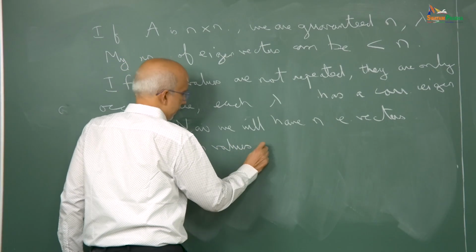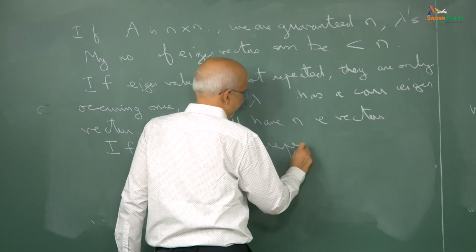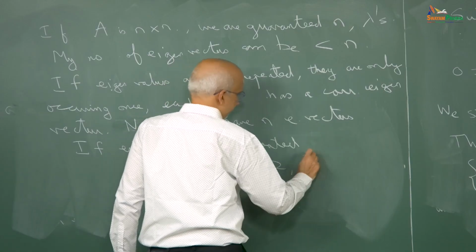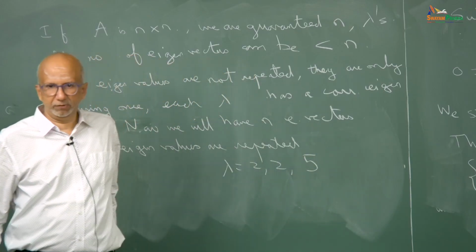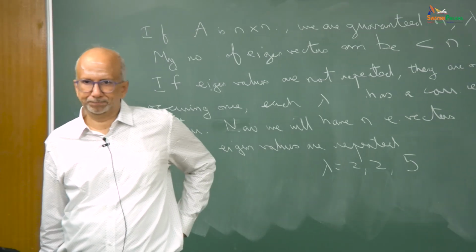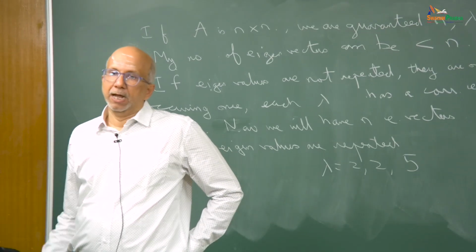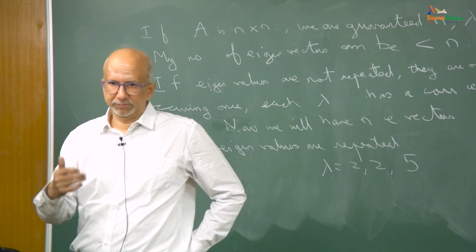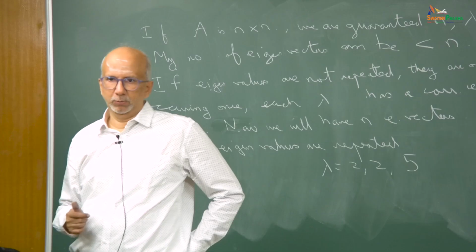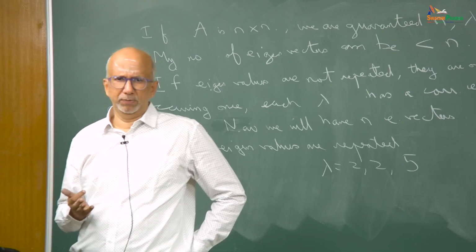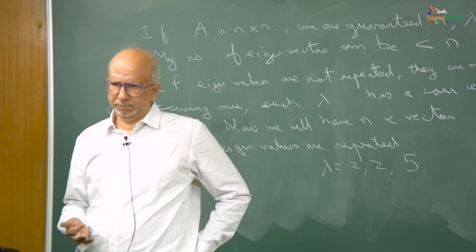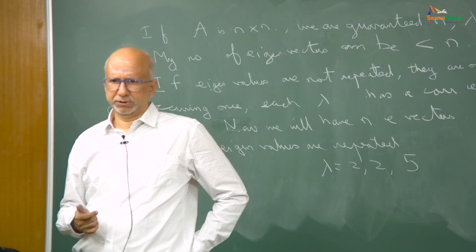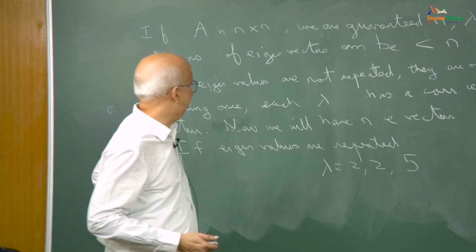Let us say you have a matrix for which the eigenvalues are 2, 2 and 5. Eigenvalue 2 is occurring 2 times, but 5 is occurring only once. This can happen because these are roots of a polynomial. A particular root can be repeated; you can have a quadratic which has repeated roots.